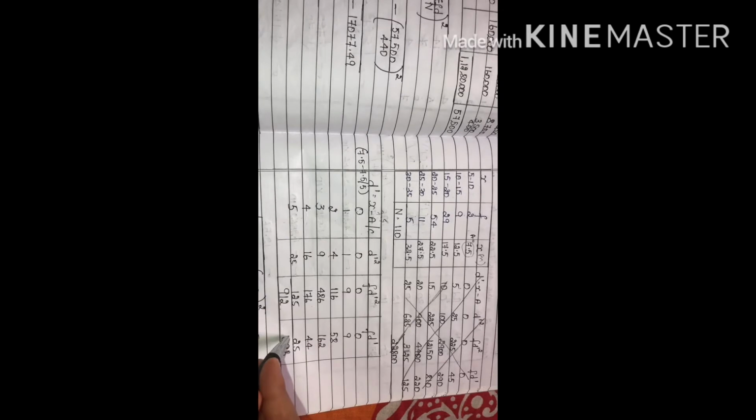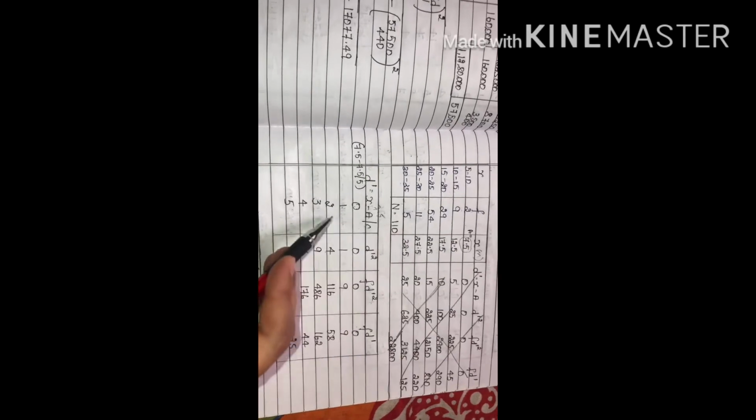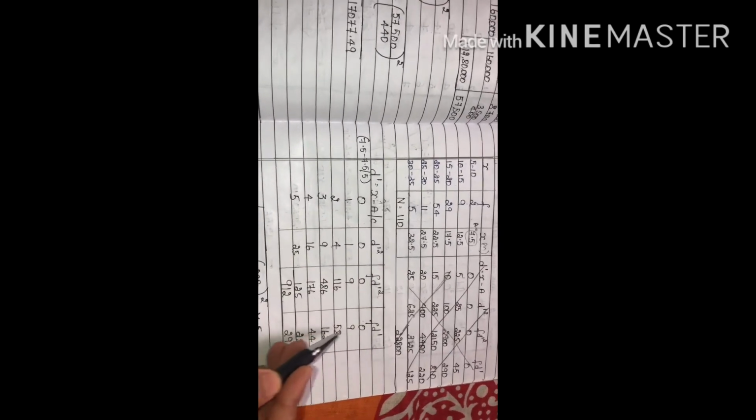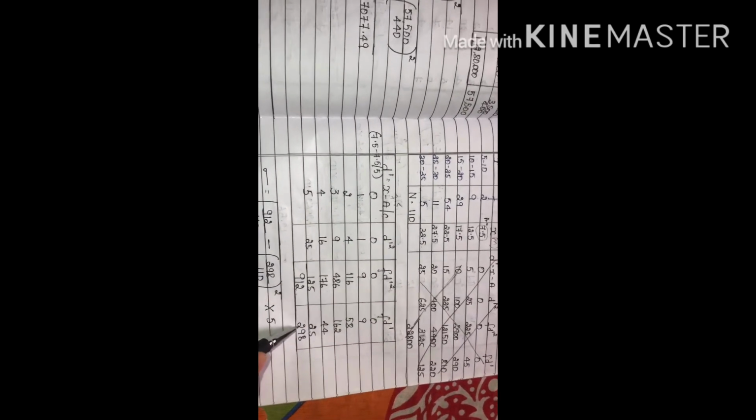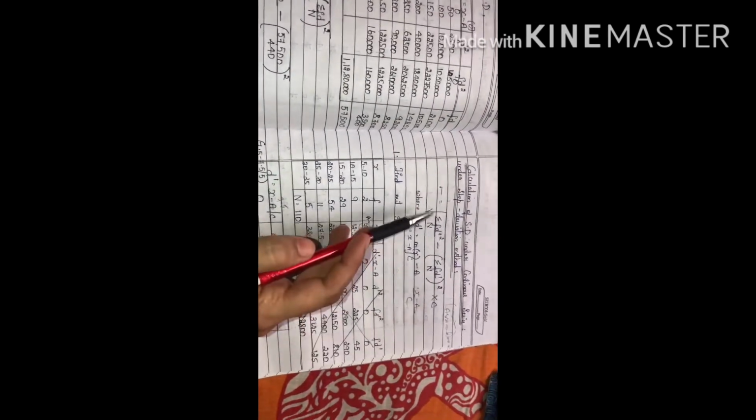The last column is just the multiplication of f into d dash column. These two columns should be multiplied and you have to write it down here. Why? Because that is asked in the formula. This is the formula.